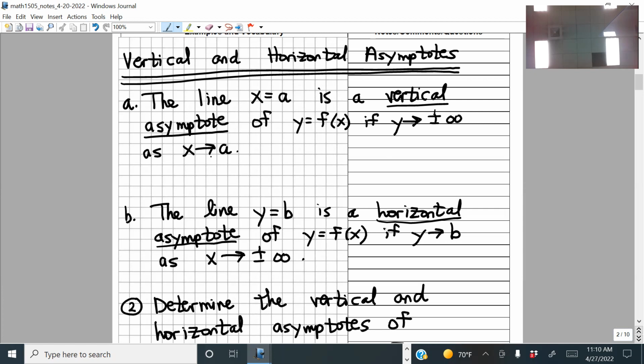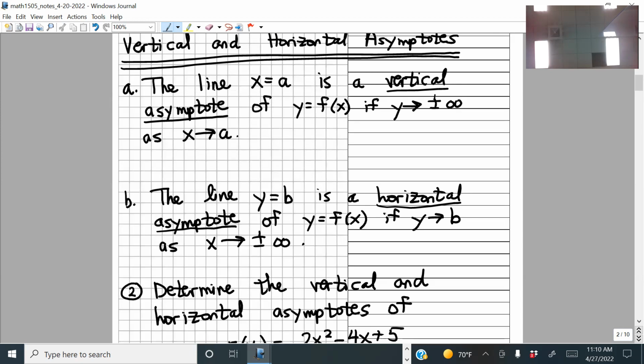This arrow here is a bit of mathematical notation that you're going to see again in calculus, and it means approaches or gets close to. So y approaches either positive or negative infinity as x approaches this given constant. If that's true, then you have what's called a vertical asymptote at that constant.